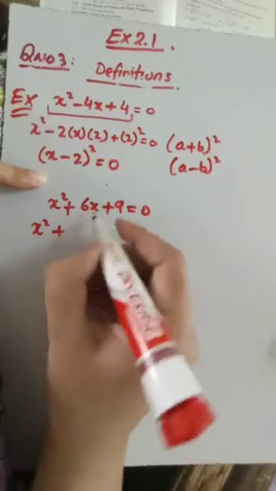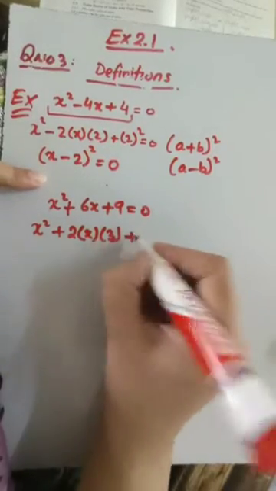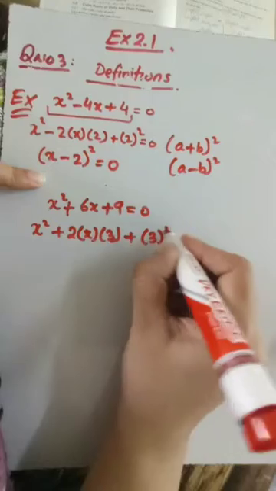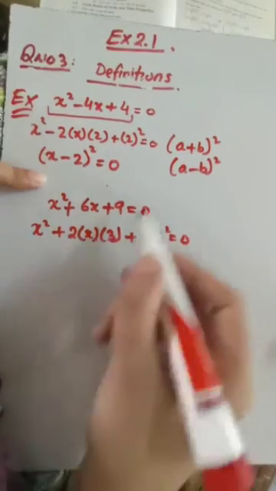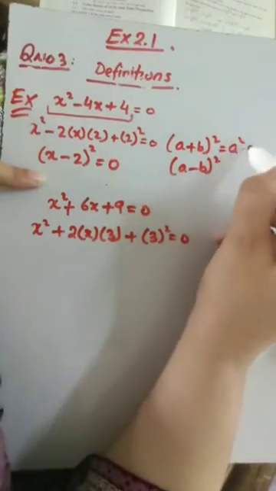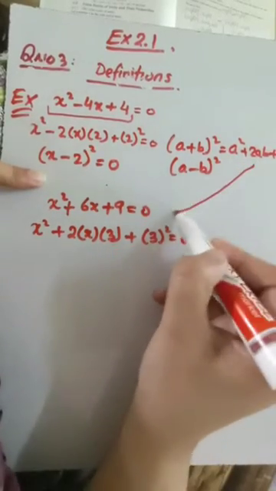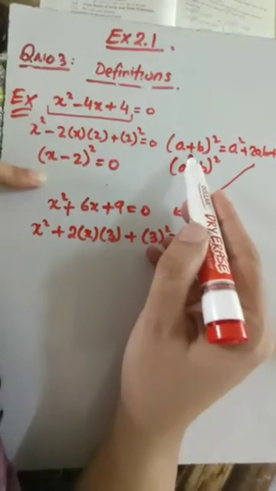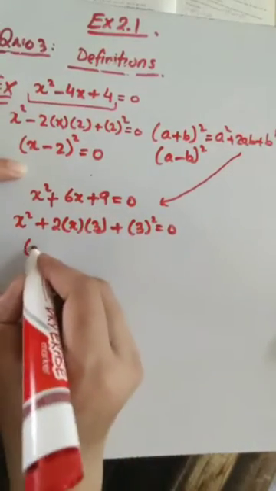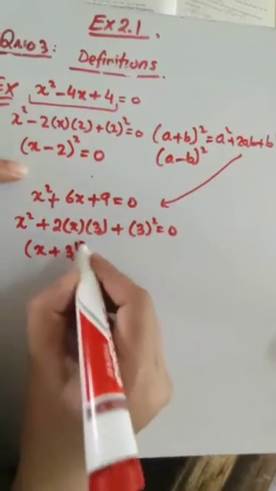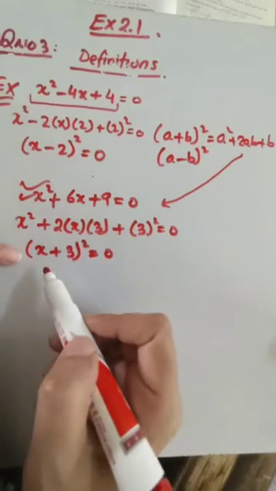X square plus 6x can be written as 2 times x into 3, plus 9 can be written as 3 square. Now, as you may see, this is a square plus 2ab plus b square, and this expression is equal to this. So this expression can be written as (x plus 3) whole square. So this expression is also a perfect square.